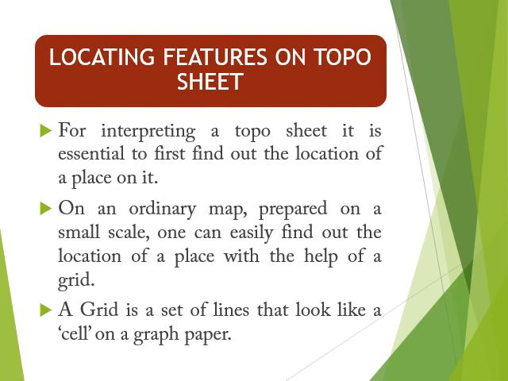You can locate that temple at 3211. This means that the temple is located in the 1 kilometer square with easting of 32 and northing of 11. You can locate like this.